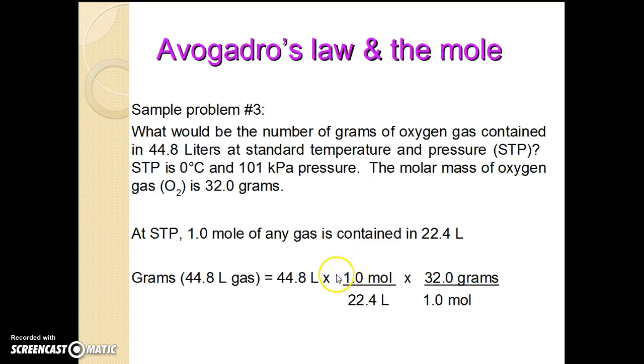We multiply by the ratio, 1 mole, 22.4 liters. That works because we're at STP. Then we multiply by the molar mass of the oxygen, which is 32 grams. Liters over liters is 1. Moles over moles is 1. We're left with grams. When we do the math, we get 64.0 grams. Those are the types of problems that you can see with Avogadro's law.